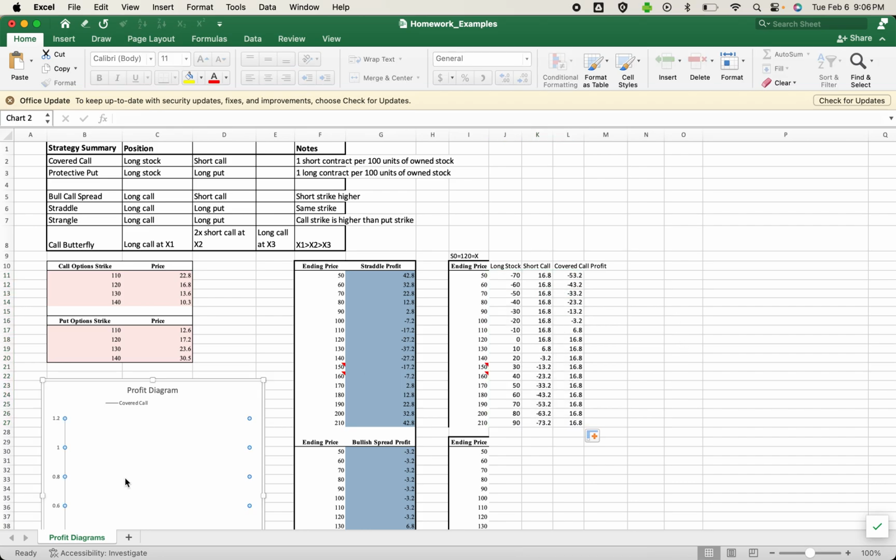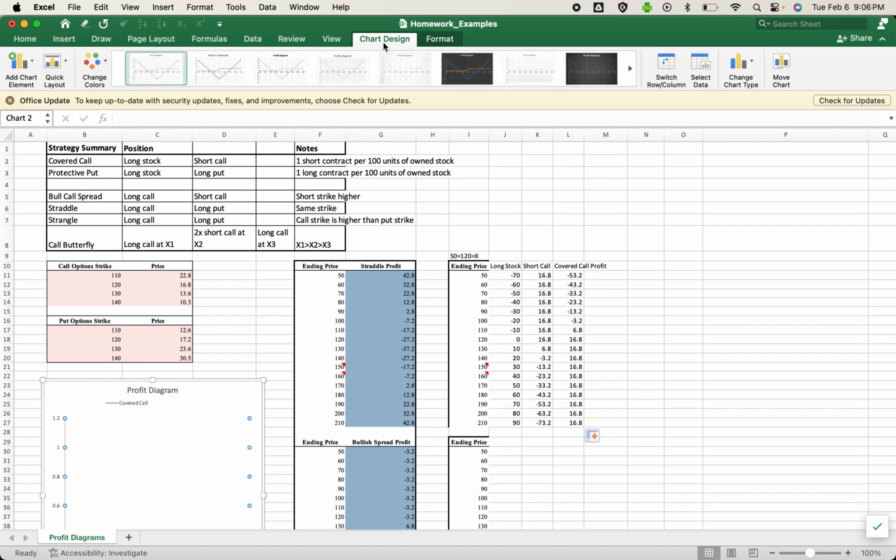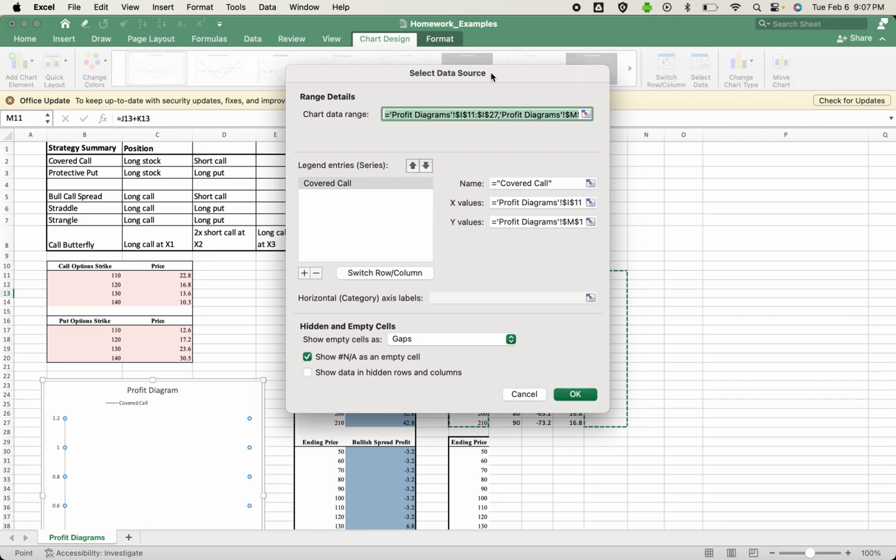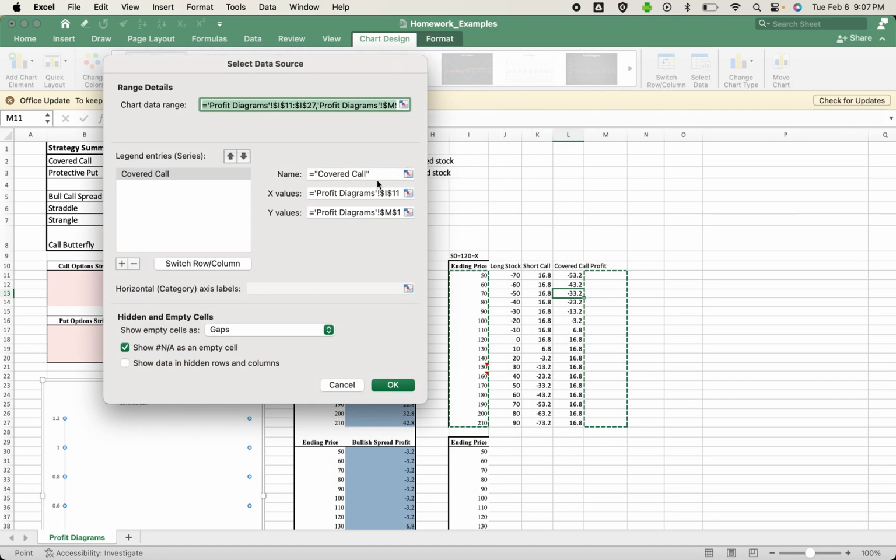I left the diagram for you guys, so then I can go to chart design, and I can simply go to select data. Oh, and I still have some presets here. So my name is covered call profit.